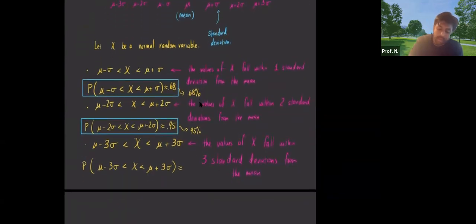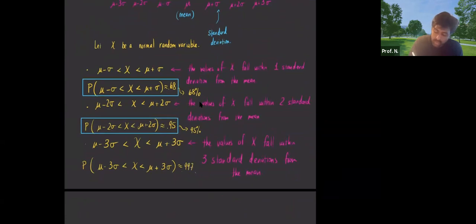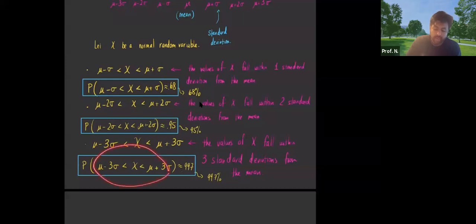That probability is approximately 0.997. So 99.7% of the time, the values of your normally distributed random variable will be within 3 standard deviations of the mean.